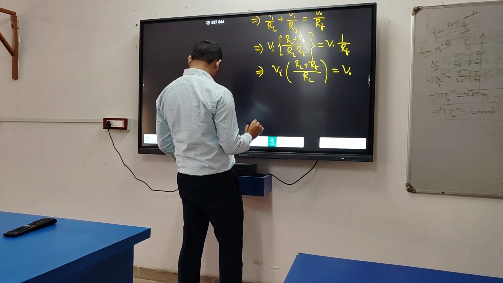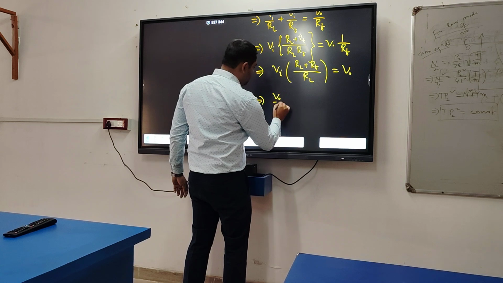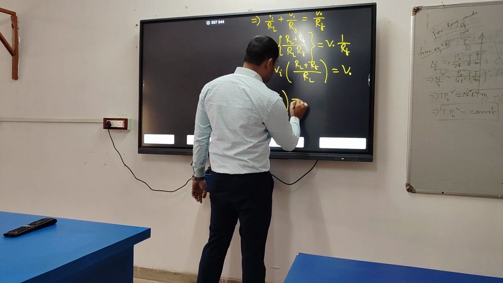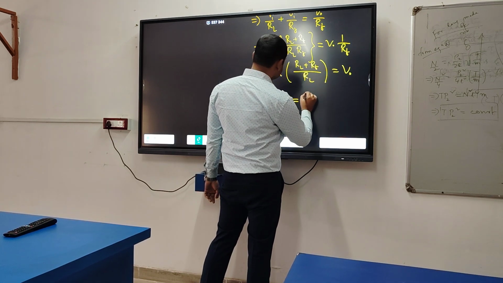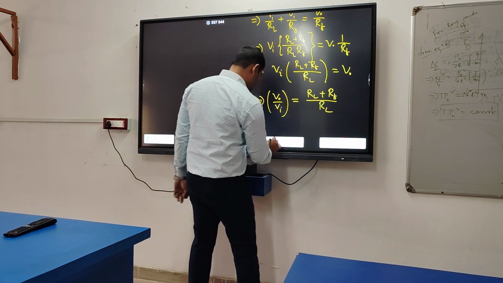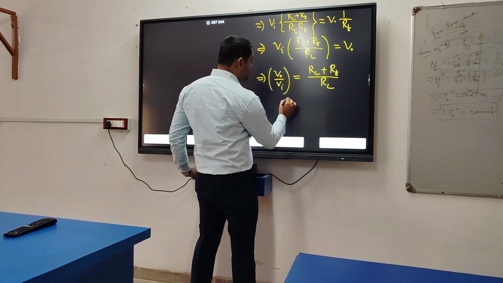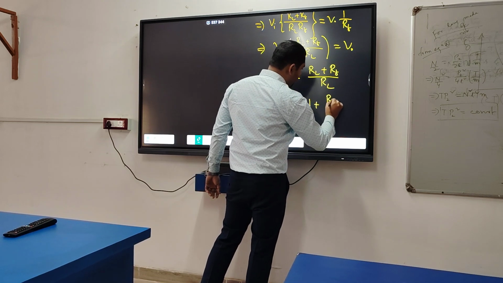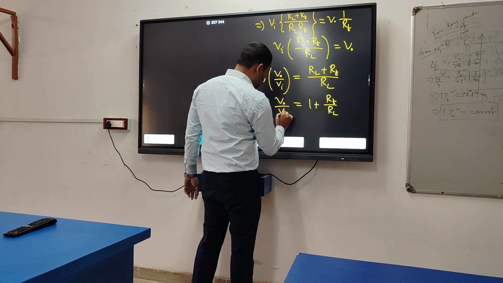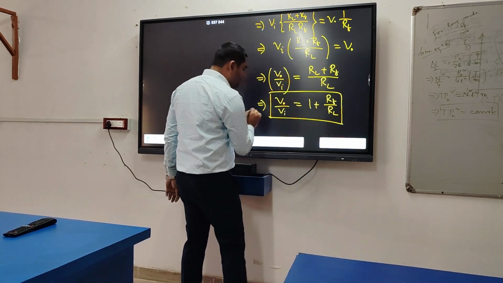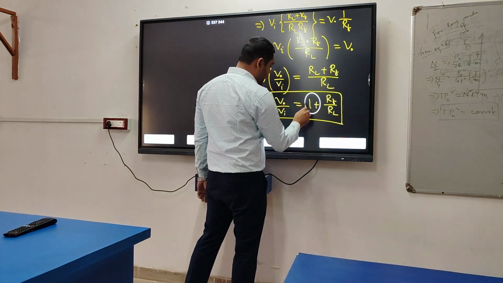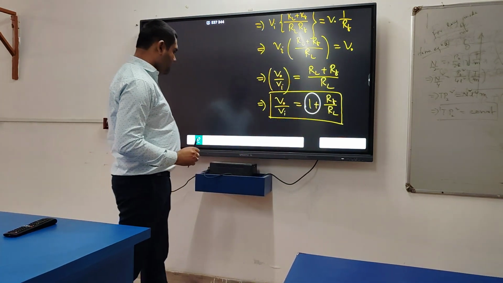So V out by VI is the gain, which we are going to define. Gain is nothing but 1 plus RF by R1. So unlike the inverting amplifier, in the non-inverting amplifier we are getting a positive gain, and also one additional term, the 1, in this case.